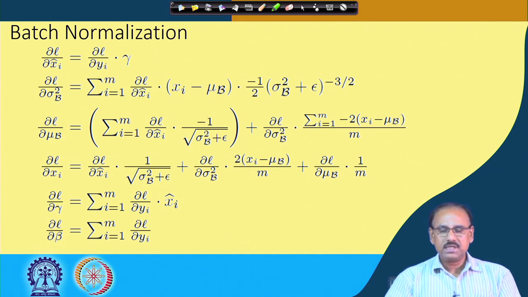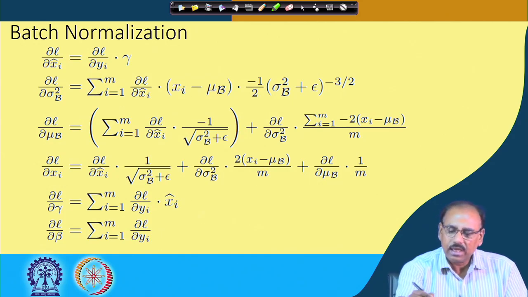Through these derivations, it has been shown that the normalization and the reparameterization that we have done is differentiable with respect to the parameters gamma and beta. Because it is differentiable, I can use the same gradient descent approach for updating the gamma and beta values.